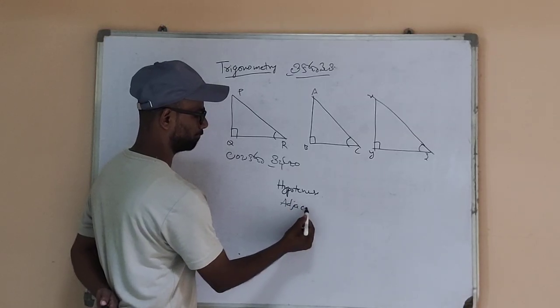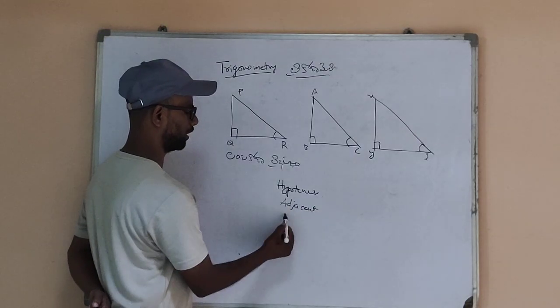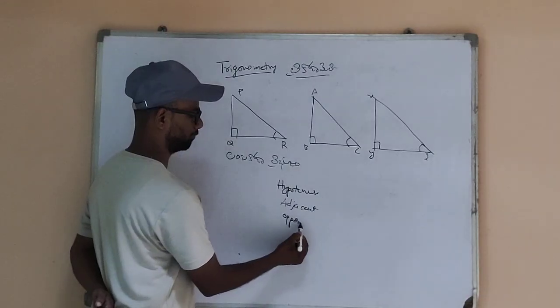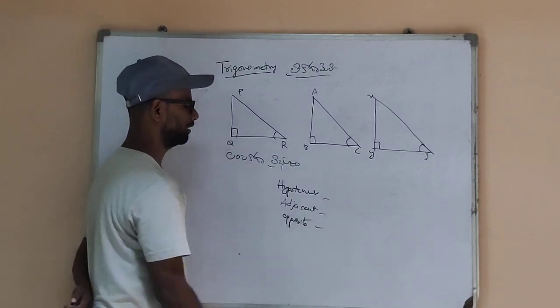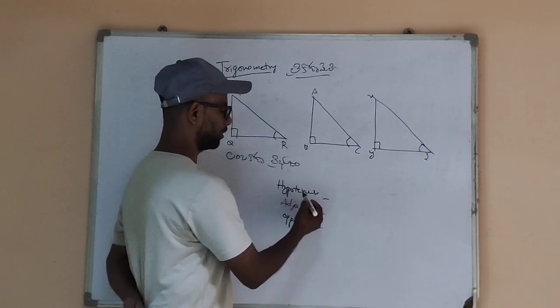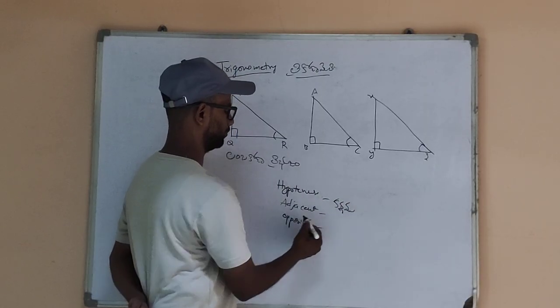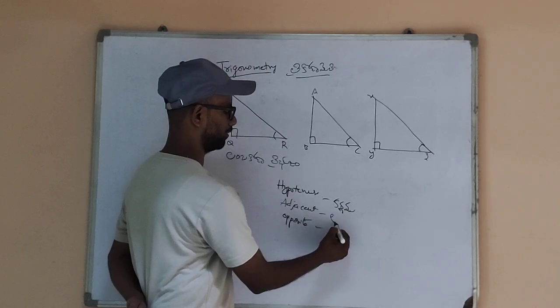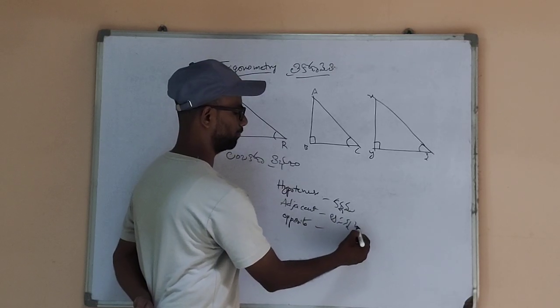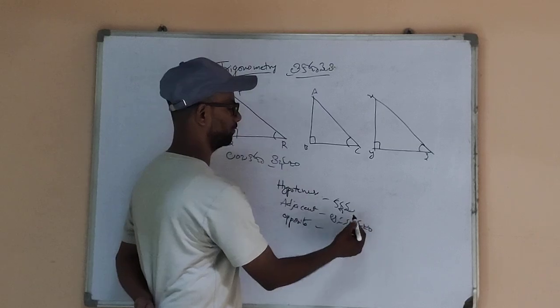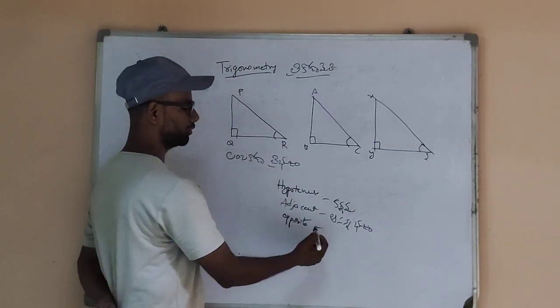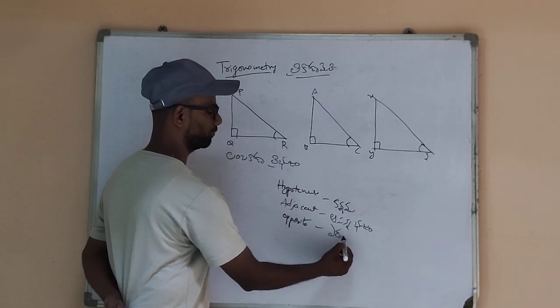These names are called in Telugu: hypotenuse means karnam, adjacent means asanna bhujam, and opposite means eduti bhujam.